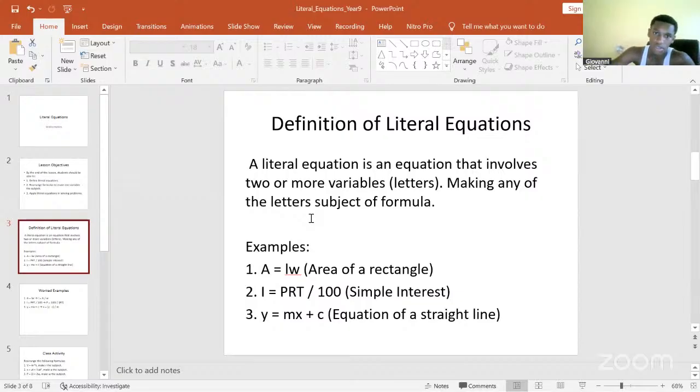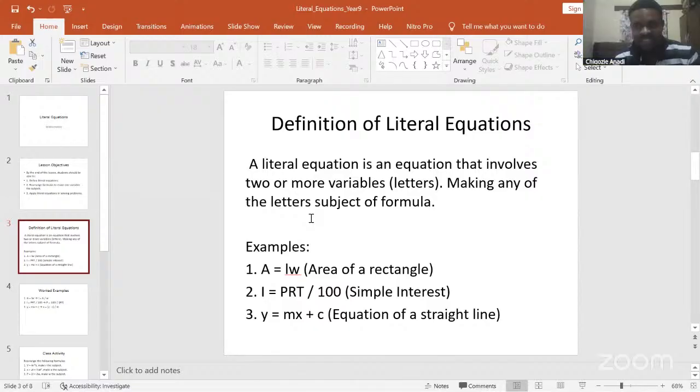A literal equation is an equation that involves two or more variables, letters, making any of the letters the subject of a formula. Examples: A equals L times W, the area of a rectangle. I equals P times R times T divided by 100, simple interest. And y equals mx plus c, equation of a straight line.